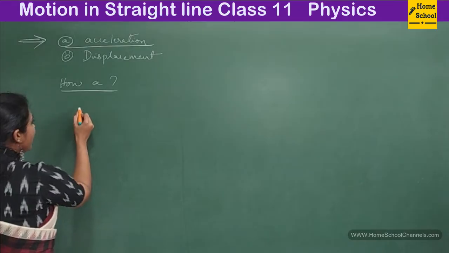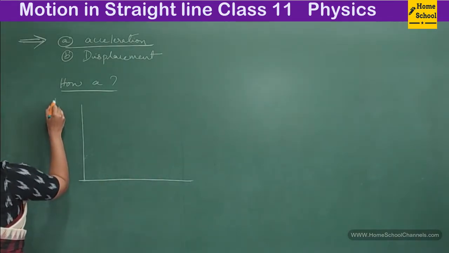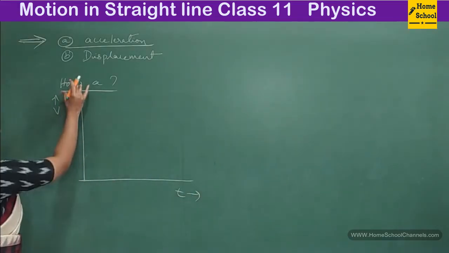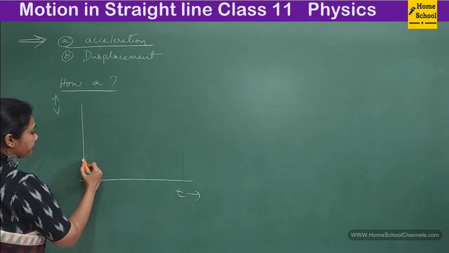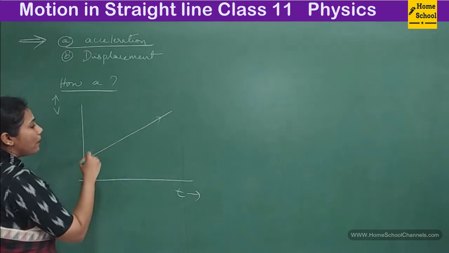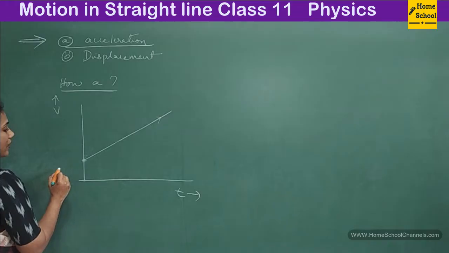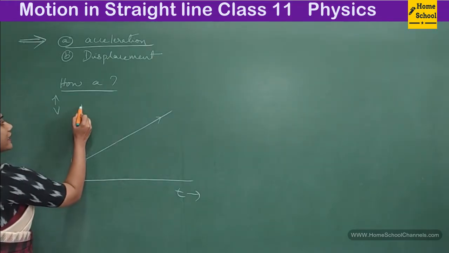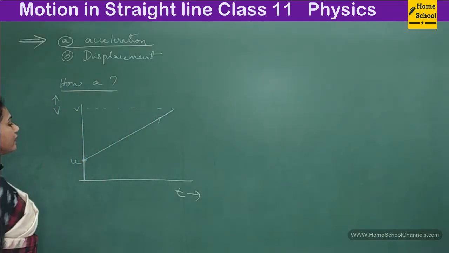Say for example, let me take this as a v-t graph. So time on the t-axis and v on this vertical axis. Say for example, if this is the straight line you got, so positive velocity, and you see this is your initial velocity u, and this is your final velocity, I can say v, right?